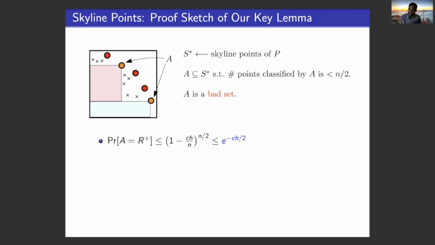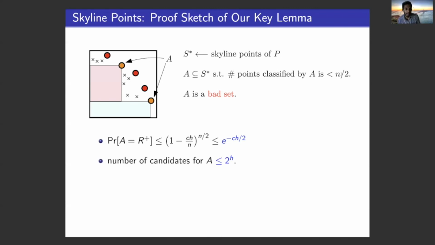We're classifying less than n over 2 points. So it's a bad event. We want to understand how likely that can happen, so we want to bound the probability of R plus being equal to A. And it's actually a very simple calculation to show that it will be bounded this way. And again, we use the fact that our sample size is order of h here to do the calculations.